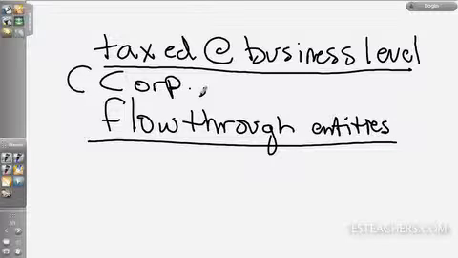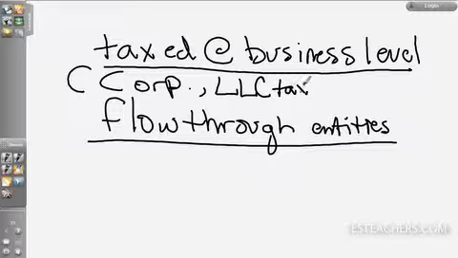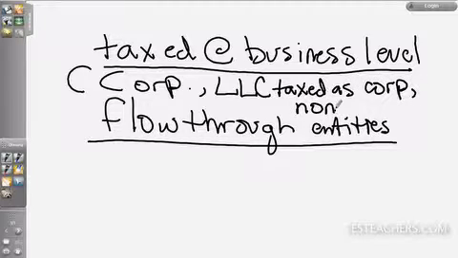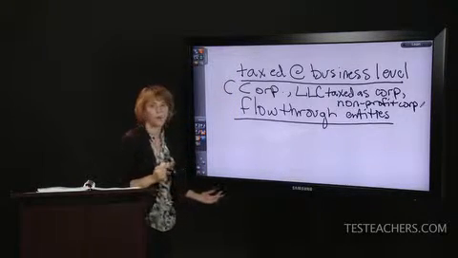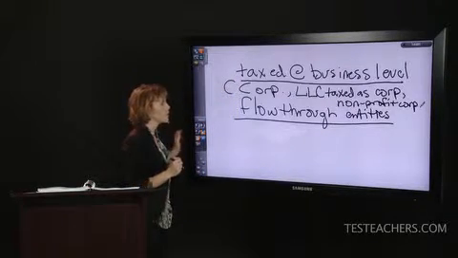LLCs taxed as corporations; we'll talk more about the LLC. And nonprofit corporations. So these would be the three business entities that are taxed at the business level.